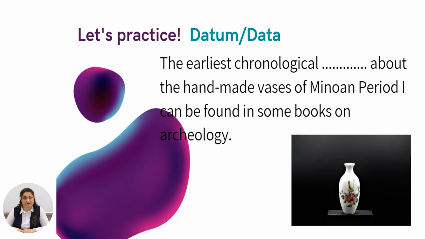So that's why in this case we are going to use also the plural form, data, and the sentence will sound: the earliest chronological data about the handmade vases of Minoan period first can be found in some books on archaeology. Great job!